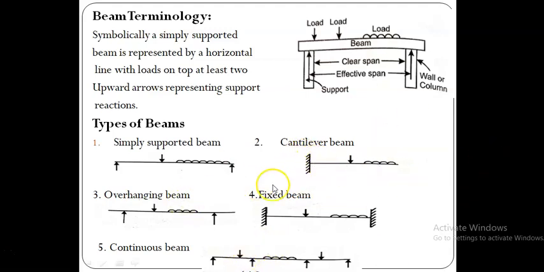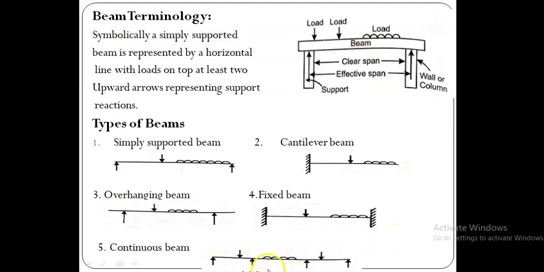We don't bother about the horizontal reactions, because this beam carries only vertical forces. Like that, this overhanging beam has only 2 reaction components, one at this support VA and another at this support B. But the fixed beam has 4 reactive components: VA and MA, then VB and MB.